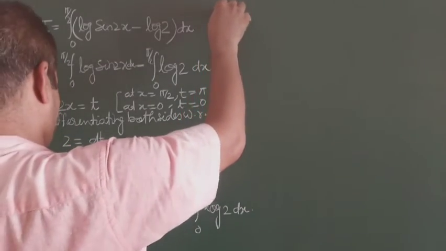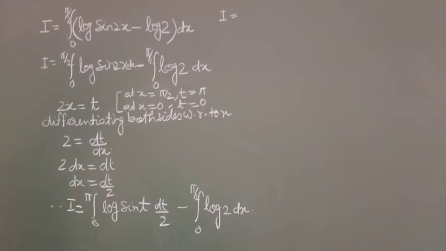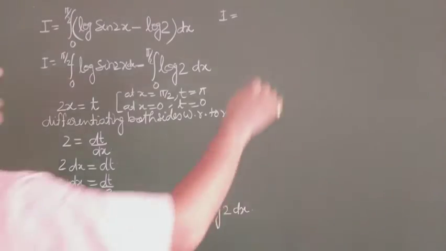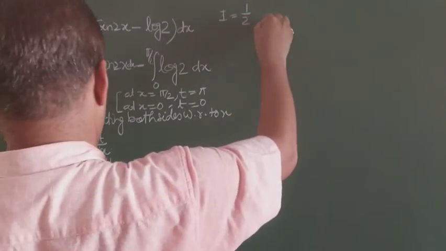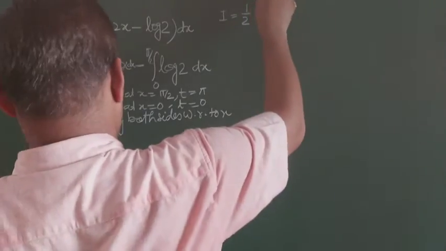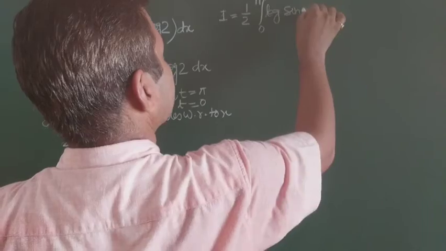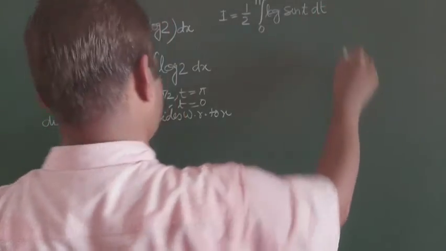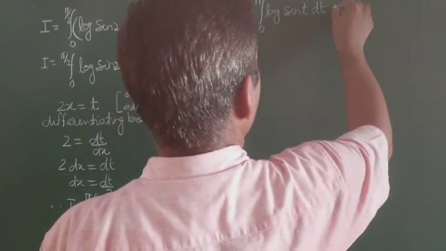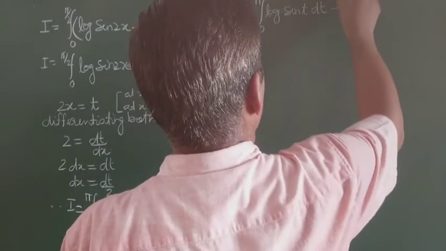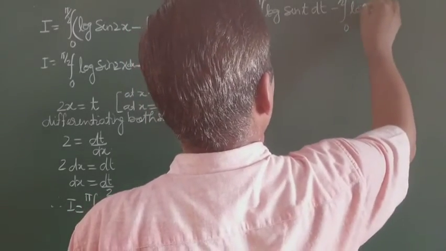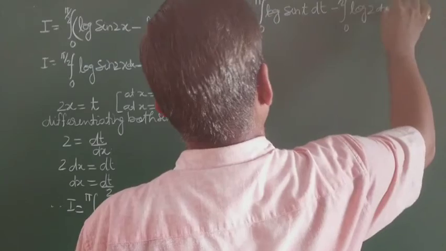Now let us solve. I equals to 1 upon 2 will be outside, 1 upon 2 integral 0 to pi log sin t dt minus 0 to pi by 2 log 2 dx.